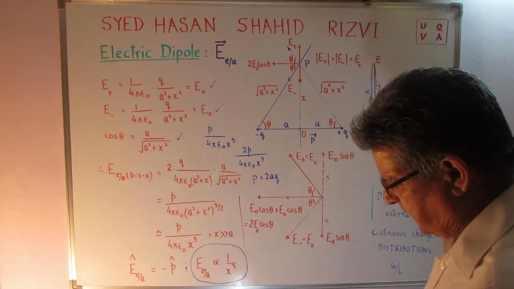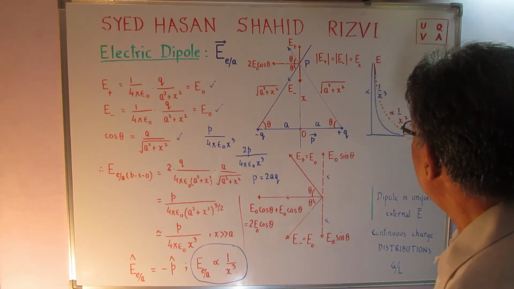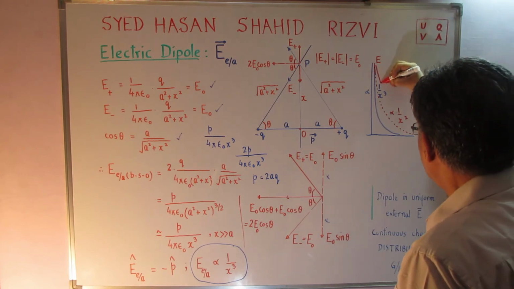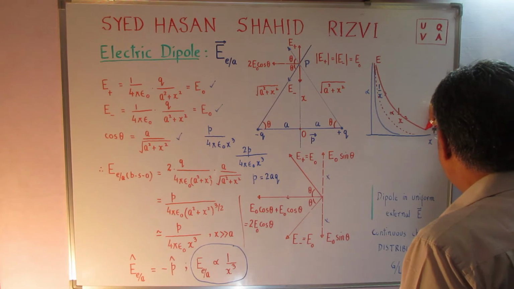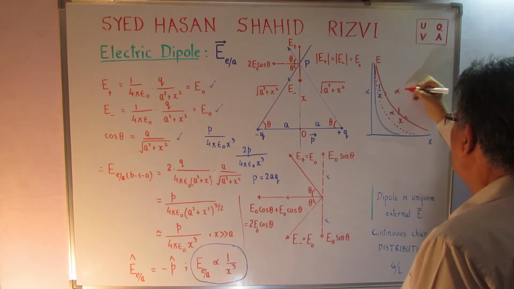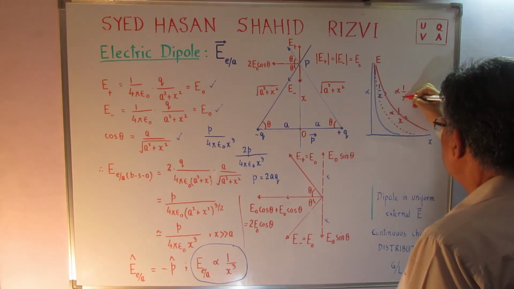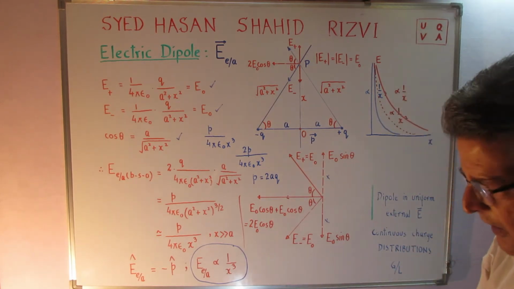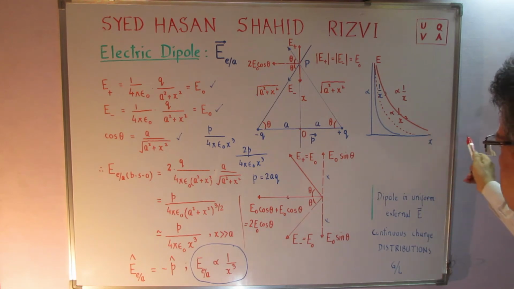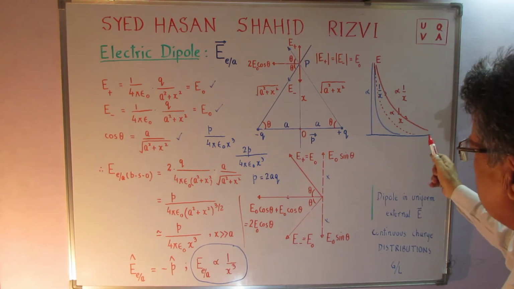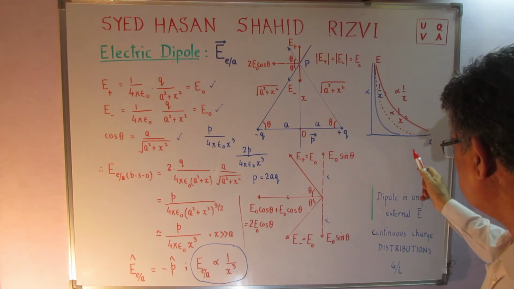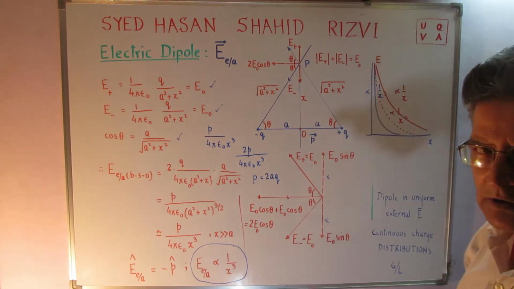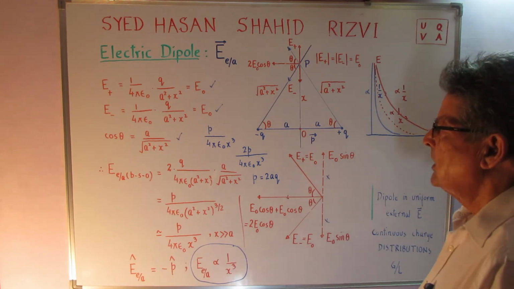Just to give you an idea, for the case proportional to 1 upon x, the graph goes like this. In all cases, the graph asymptotically becomes 0 on this side and this side also.